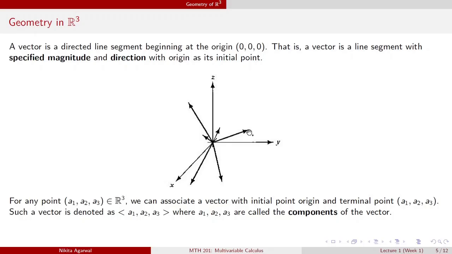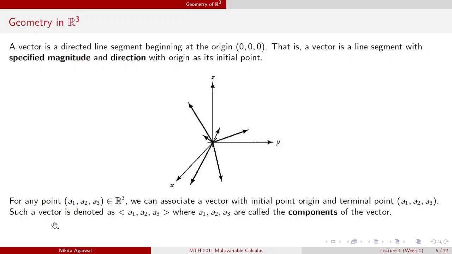So you can start from 0, 0, 0 to a1, a2, a3. That is, for any given point in R3, we can associate a vector which starts at 0, 0, 0 and ends at a1, a2, a3.